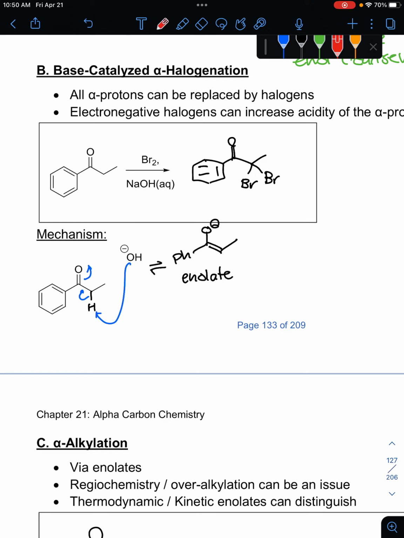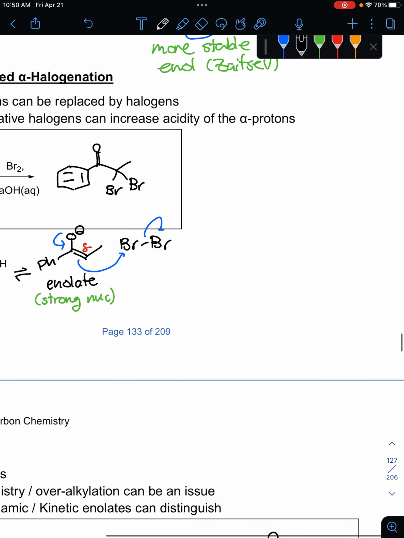And once you form an enolate, remember there's a really good amount of partial negative charge there. So it reacts as a strong nucleophile. This is a strong nucleophile. So we can get the first halogenation to happen.